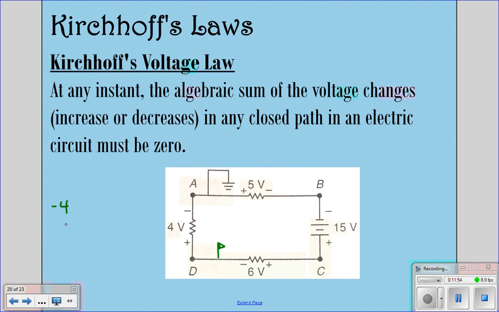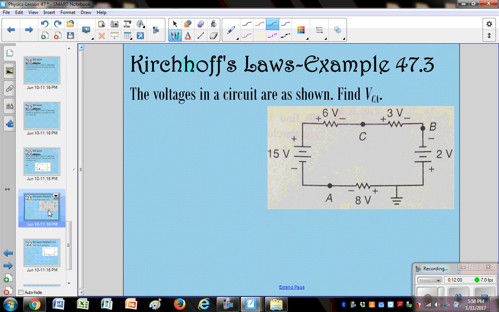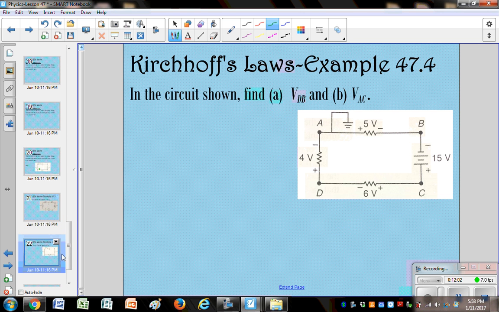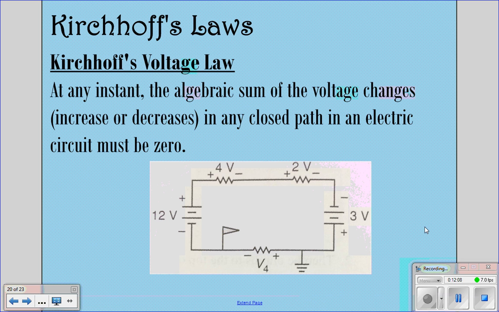This isn't the right picture, guys. Hold on. Where did my picture go? All right, now we have the right picture. I'm sorry. So they put a starting point at this little flag here. And so as we go around, we're going to go this way, clockwise.